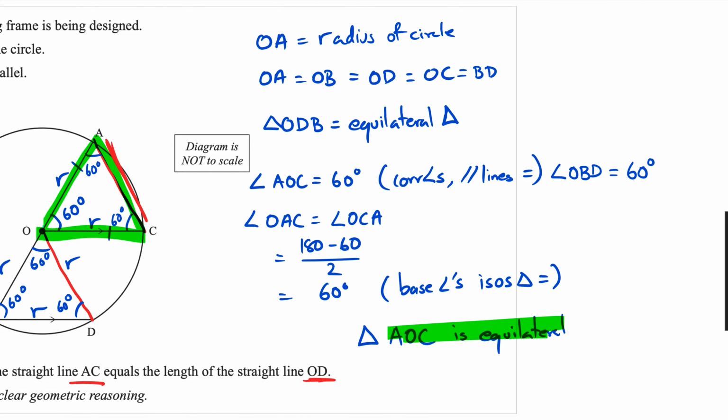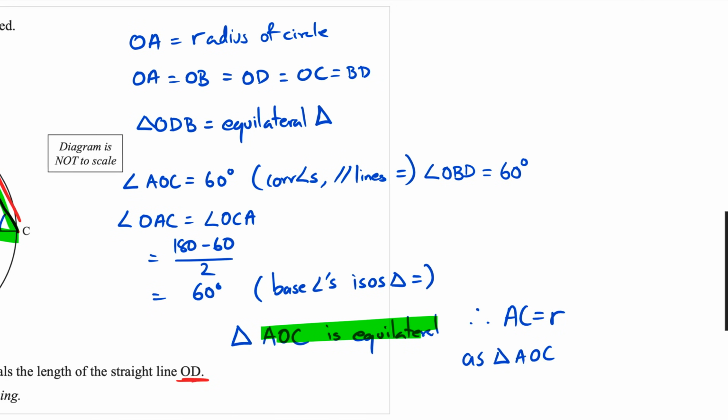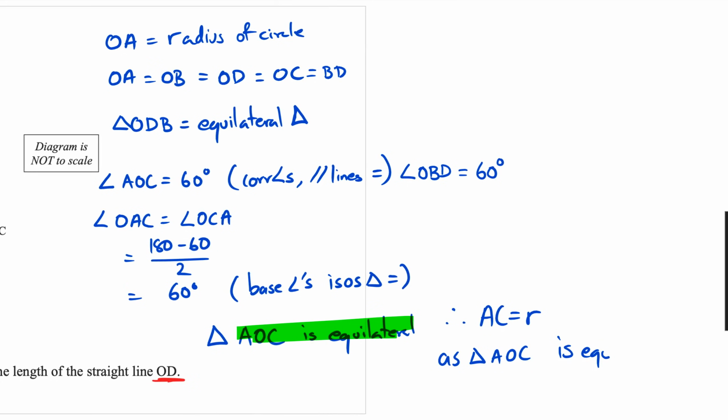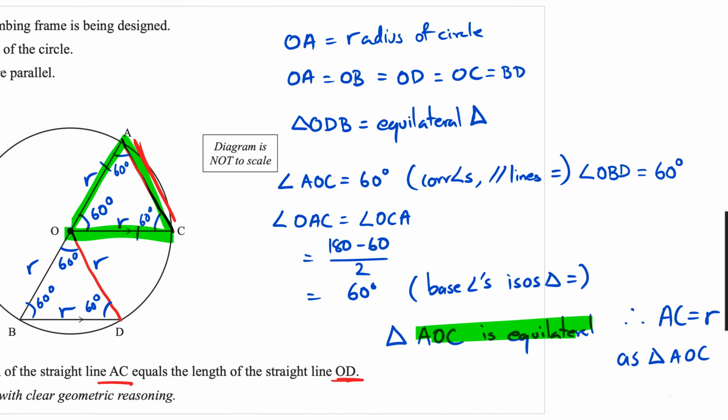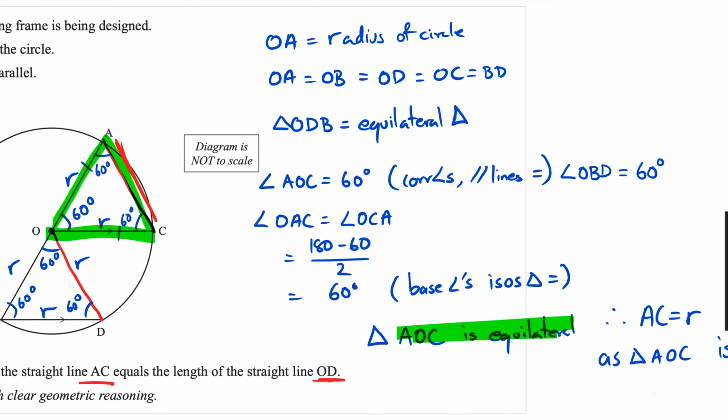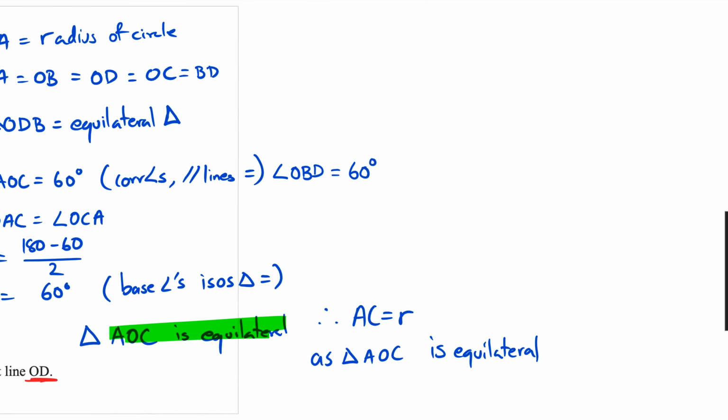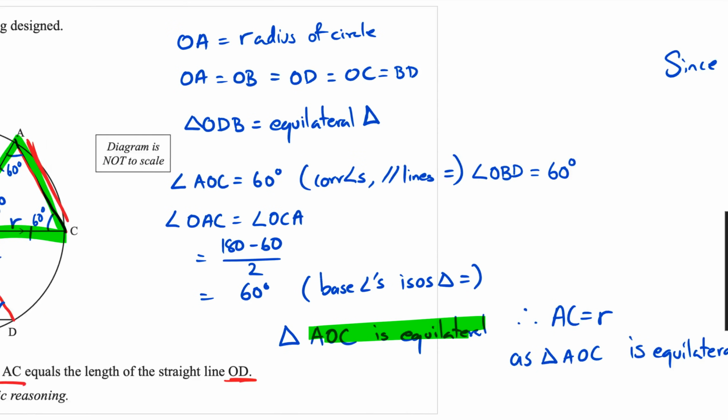Because we proved that triangle AOC is equilateral, I can say therefore AC is equal to R as triangle AOC is equilateral. And if AC equals R, we discovered that OD was the radius, and I'll show you guys back there.